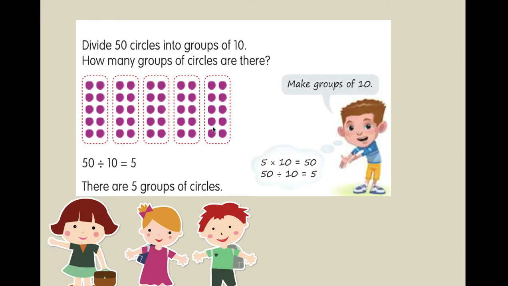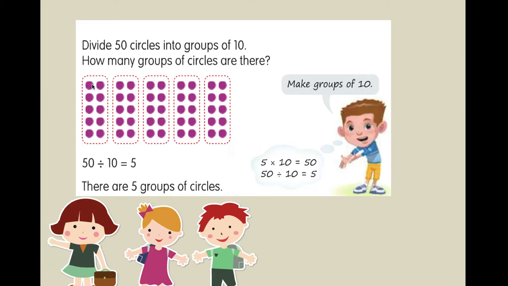Lovely, y'all. So when we divided these 50 circles into the groups of 10, that is, each group should have 10 circles. When we divided the 50 circles into the groups of 10s, how many groups we got?